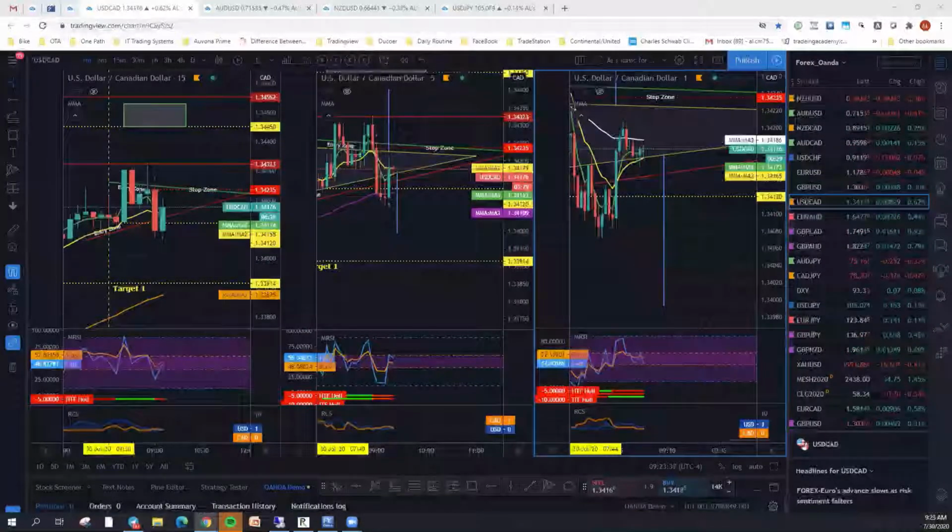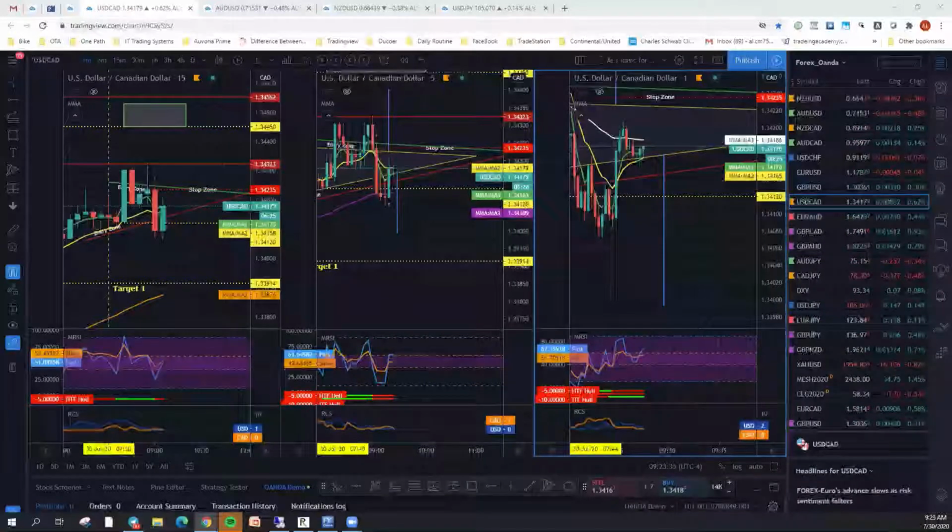The Canadian dollar is still overall weak to pretty much everything. The dollar is gaining a little bit of strength, but still fairly weak as well.